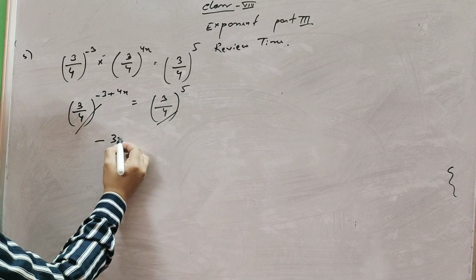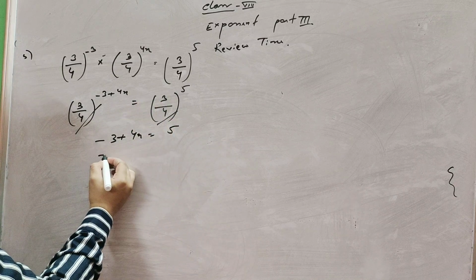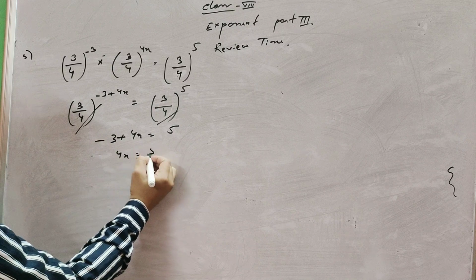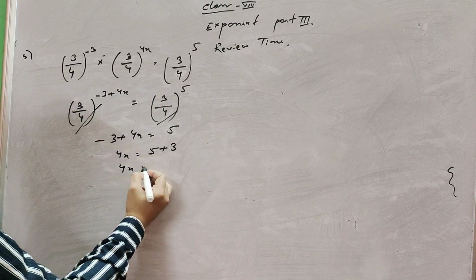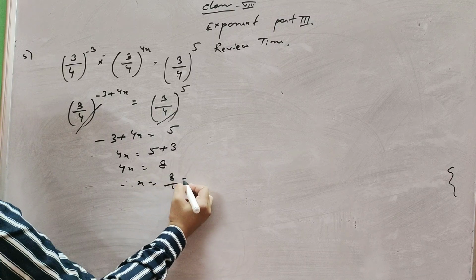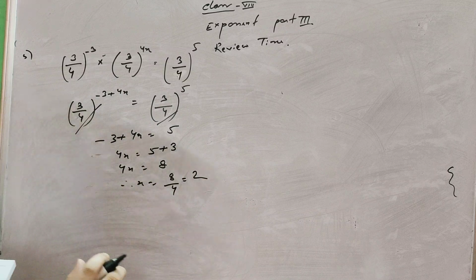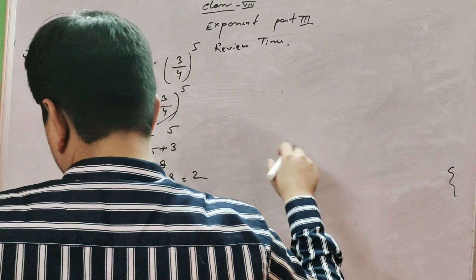So what we have is minus 3 plus 4x equals 5. When minus 3 goes to this side, it becomes plus 3, so 4x equals 8. Therefore the value of x equals 8 upon 4, that means 2. Clear? Okay, it's time for the subjective questions.